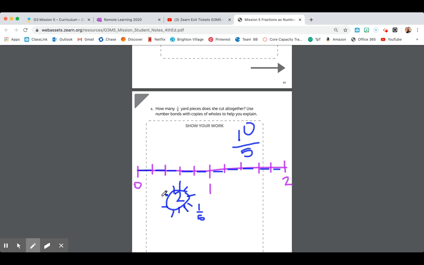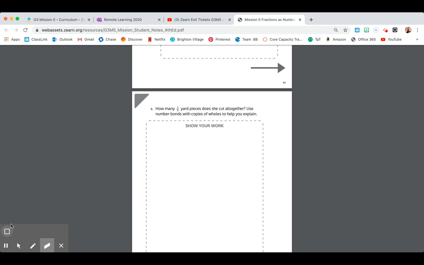I'm not gonna do that for the sake of time, but you could also draw your number bonds. You could also draw 2 number bonds for each whole. And off of each whole would be, say it with me now, 5 1/5 pieces. That's not meant to be an 11. I just thought that got cut off. Nonetheless, let us move on to lesson 27.